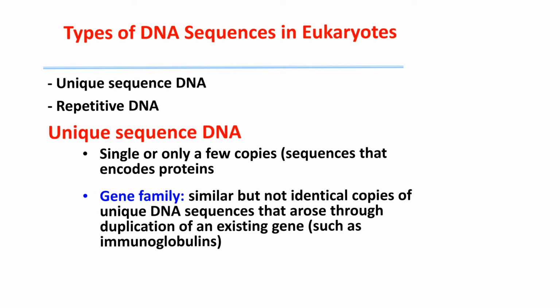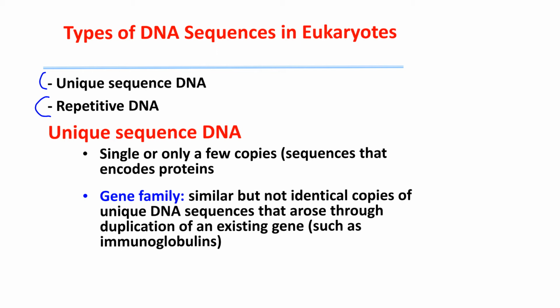There are two major groups: unique sequences and repetitive DNA sequences. Unique sequences of DNA exist either as a single sequence, or you can find only a few copies of the same sequence throughout the genome. So unique sequences are those which encode functional proteins.